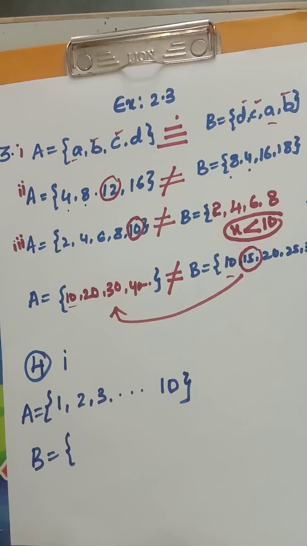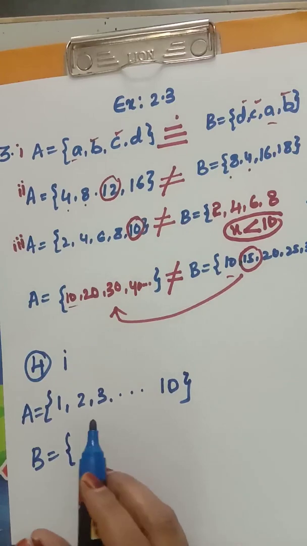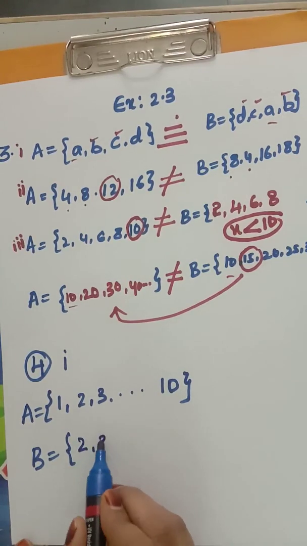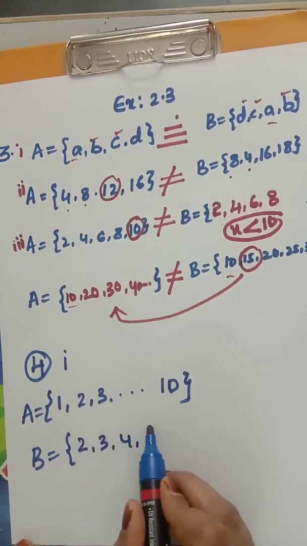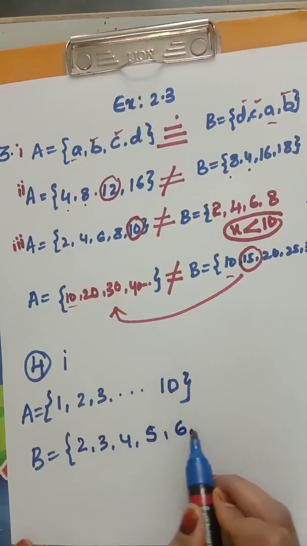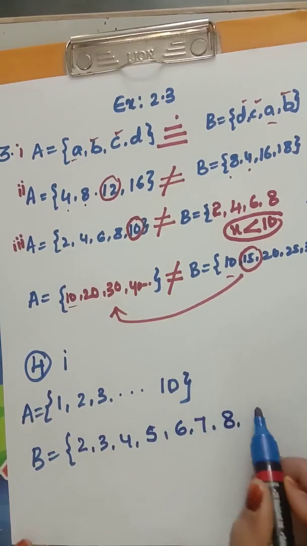That means x lies between 1 and 10, that is x is greater than 1 and x is less than 10. That is 2, 3, 4, 5, 6, 7, 8, 9.